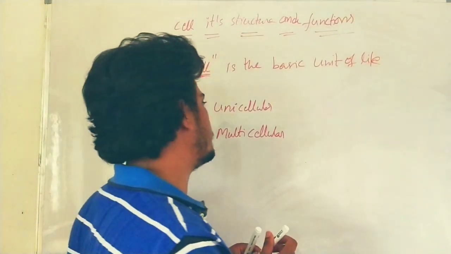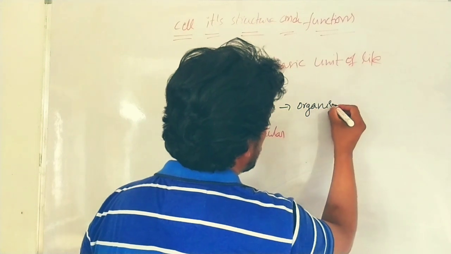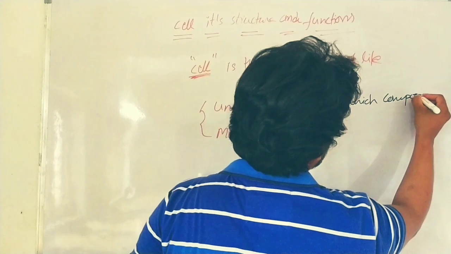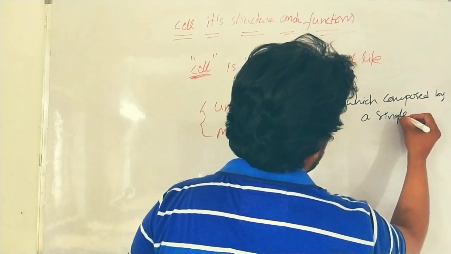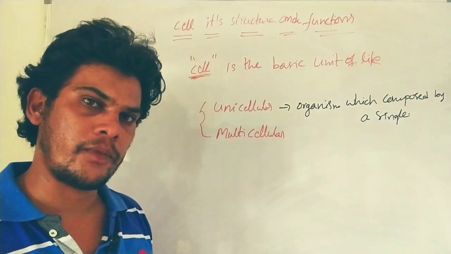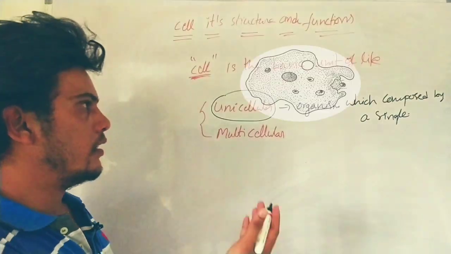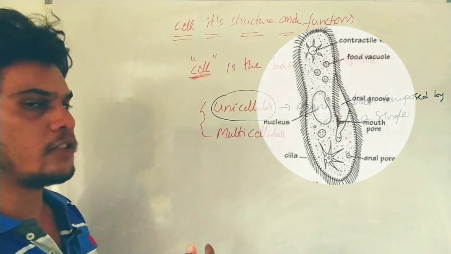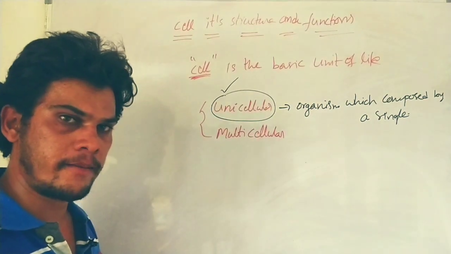Unicellular means organisms which are composed of a single cell, like amoeba and paramecium. Look here, this is the picture of amoeba and this is the picture of paramecium. These are organisms composed of a single cell, that's why they are unicellular organisms.